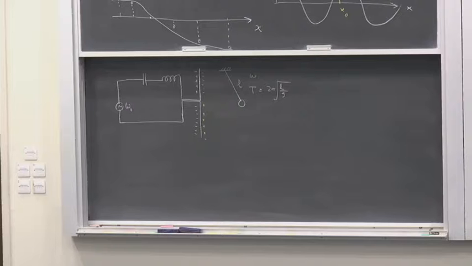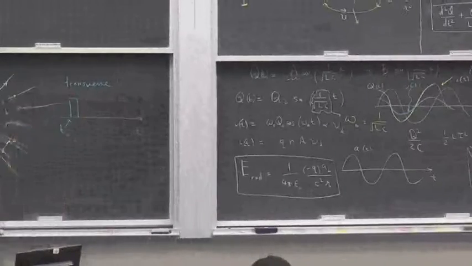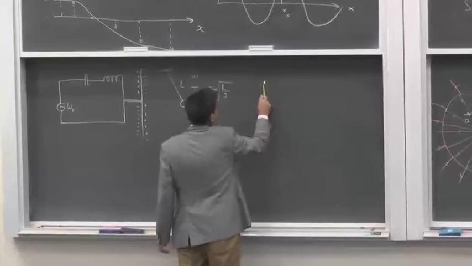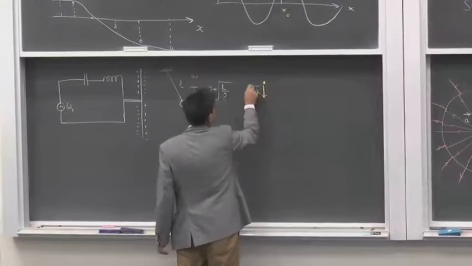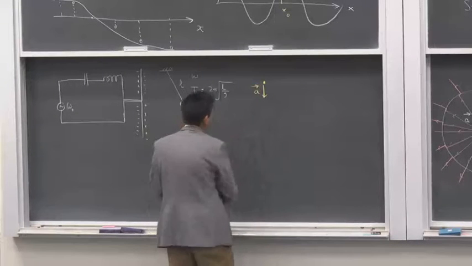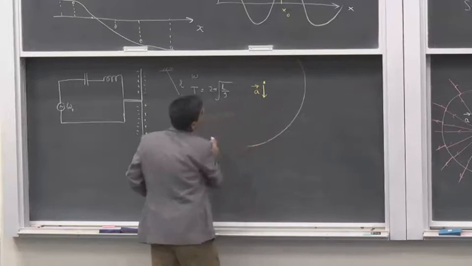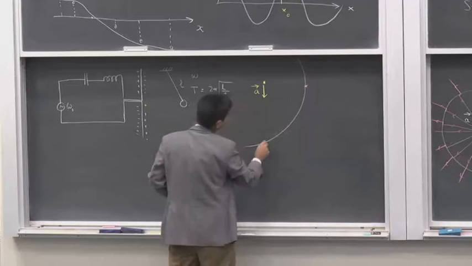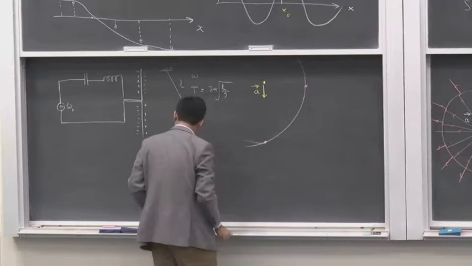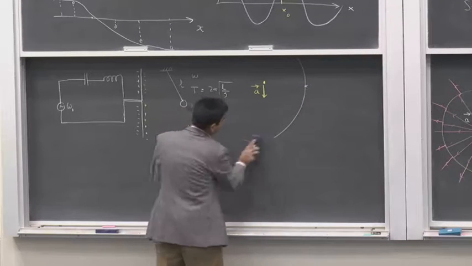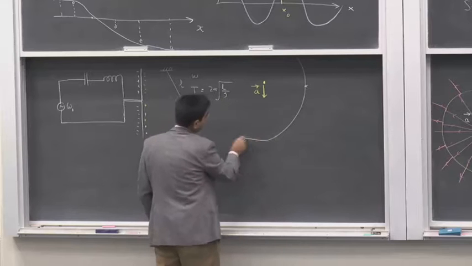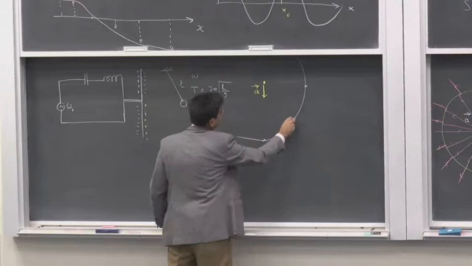Let me redraw this figure on the other side of the blackboard, in a more systematic way. I have an acceleration that's pointing downwards, A. Let me consider two points, a point here and a point here. And a point here.